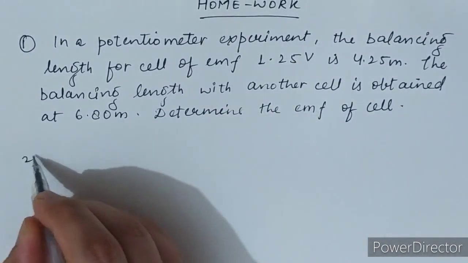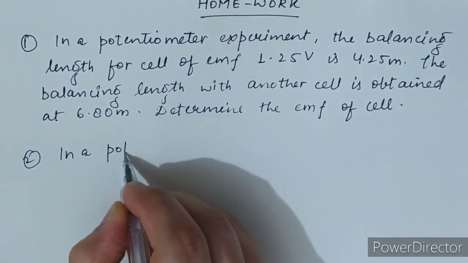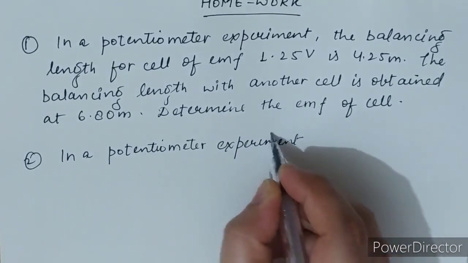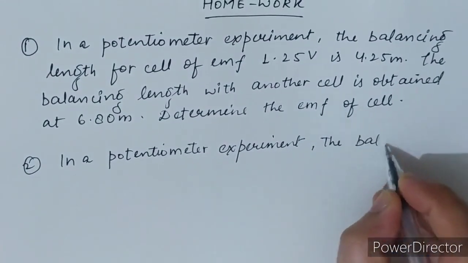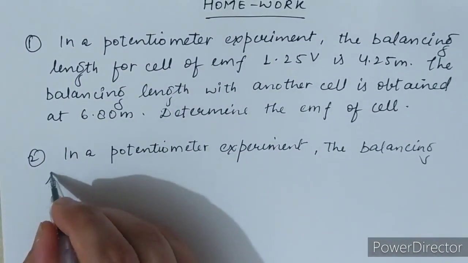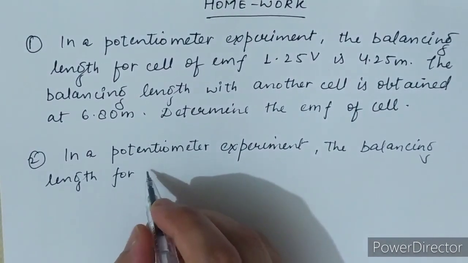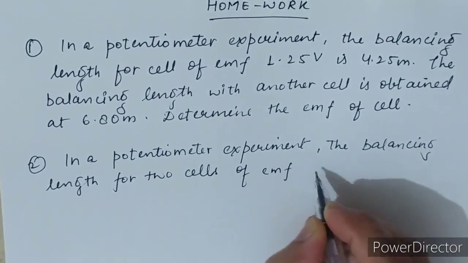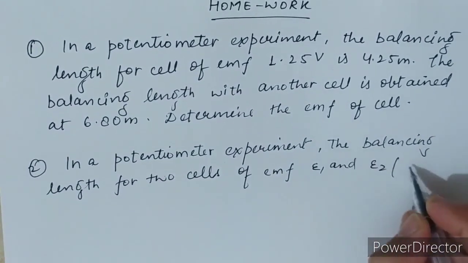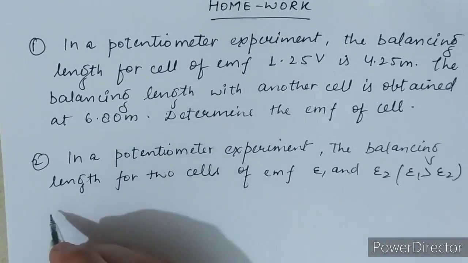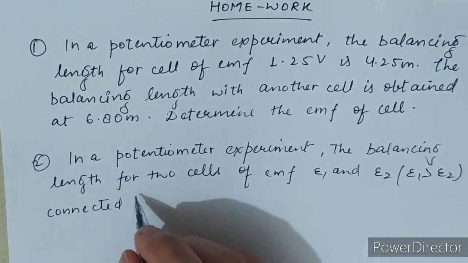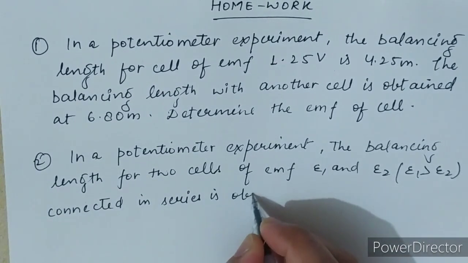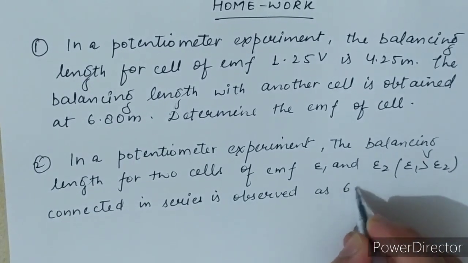Now the second numerical is: in a potentiometer experiment, the balancing length for two cells of EMF E1 and E2, E1 is greater than E2, connected in series is observed as 60 centimeter.